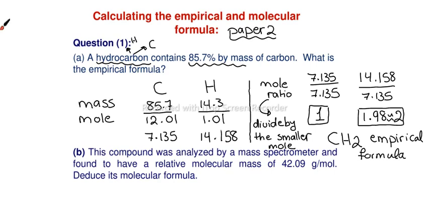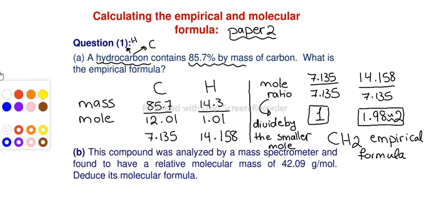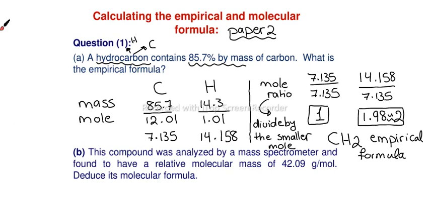So I'm going to summarize the steps a little bit to make sure that everything is clear. Step number 1 is to look at the atoms presented inside the compound. You will write down the mass taken from the question. You will take the mole number after dividing by the molar mass of each atom.